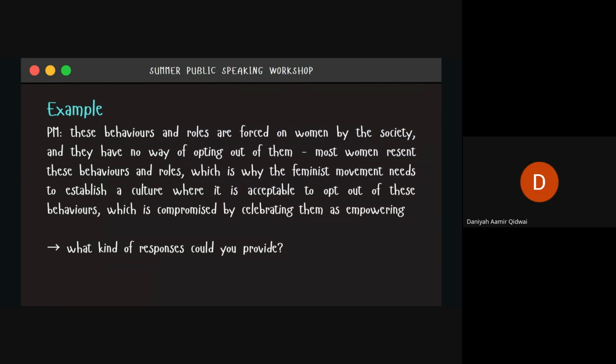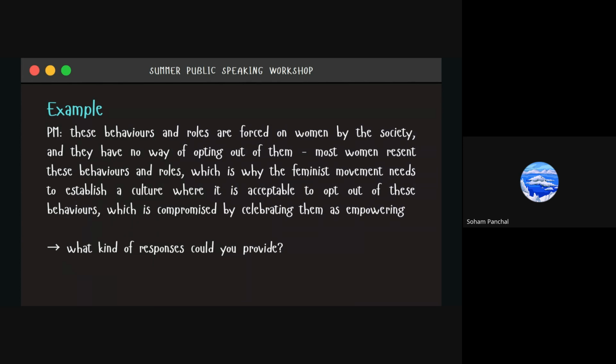Sir, actually, the PM should be supporting that motion. But in his speech, he is giving a go-ahead that the feminist movement should actually promote having short hair as empowerment.